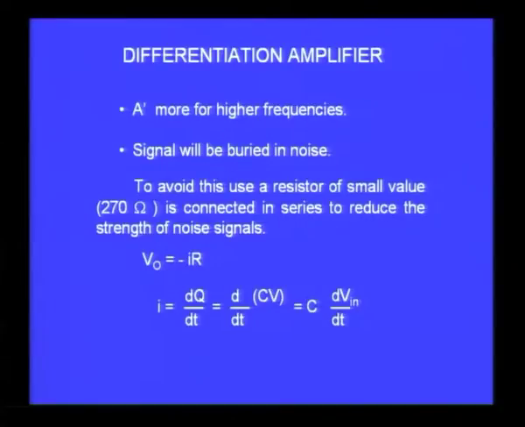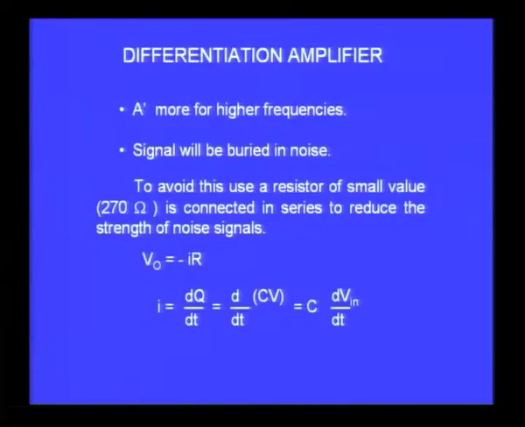There will always be some noise voltages coming in at the input. Along with the signal, there will be some noise added due to extraneous reasons, and this noise can have different frequencies.